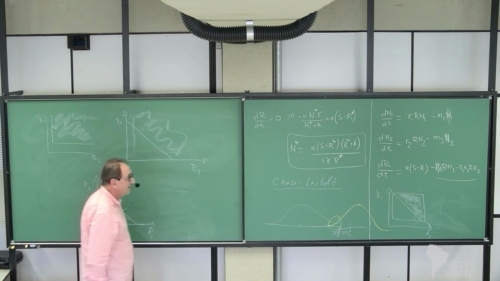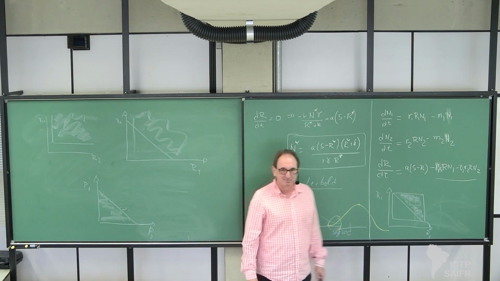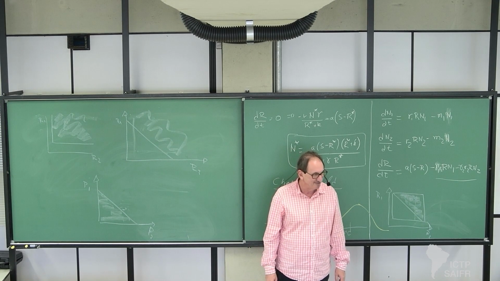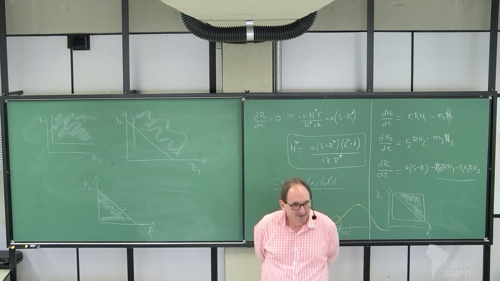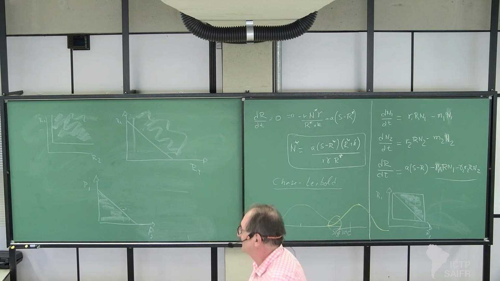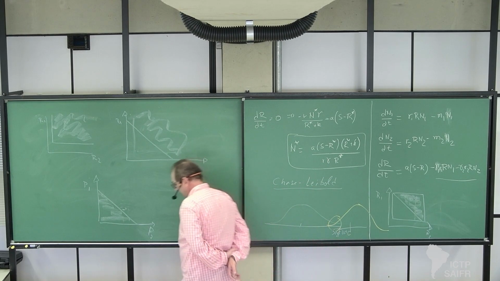So what is environmental niche modeling? I think it's the specialty of Sarah. Maybe you should ask her. As far as I know, it's something that I'm not very familiar with.